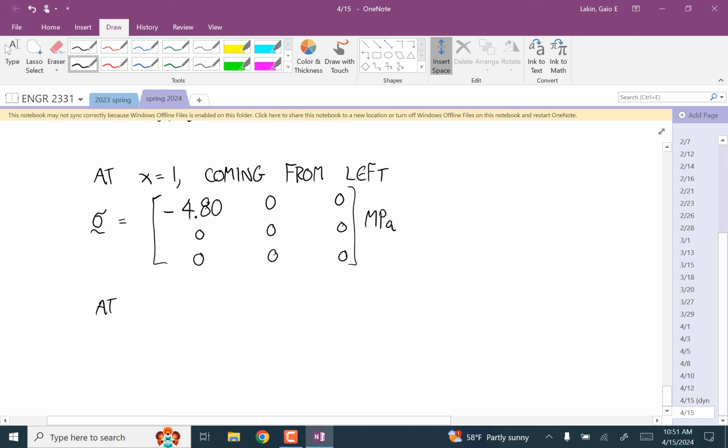And at x equals 1, coming from the right side, we have a stress tensor of negative 3.41 plus 1.39. So negative 2.02 and zeros.